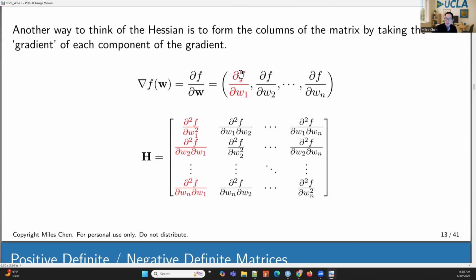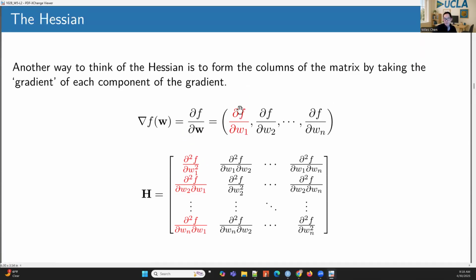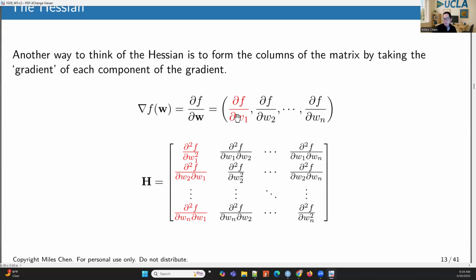And then you can think of saying, okay, well, what if I want to take the gradient of each component here, okay? And then so I would have basically a partial derivative of this with respect to w1, partial derivative of this with respect to w2. And so therefore, when you fill out the Hessian matrix, you basically have the second derivative with respect to w1.